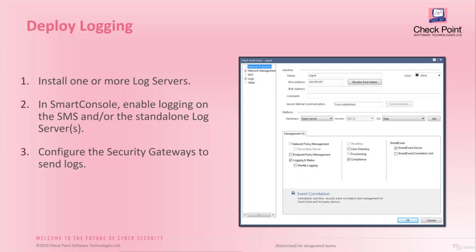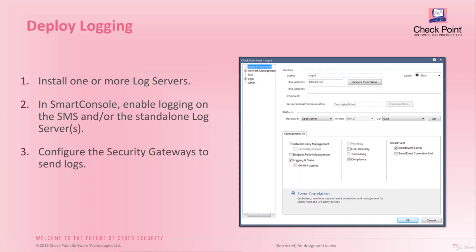So as I said, by default, your management server is the designated log server. If you change that, if you deploy a dedicated log server, you have to make sure the dedicated log server has a Check Point object to represent it. SIC is established. That object has the logging and status feature enabled.